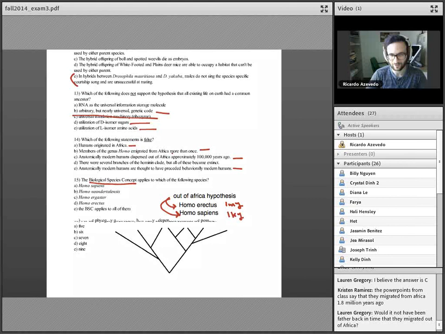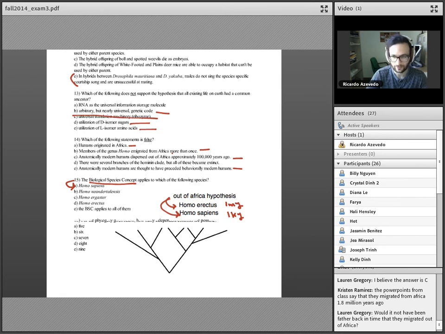So they went out of Africa once, then Homo sapiens went out of Africa, slightly more than 100,000 years ago. They populated different areas, went to Europe, and Neanderthals went extinct because they couldn't compete with Homo sapiens.